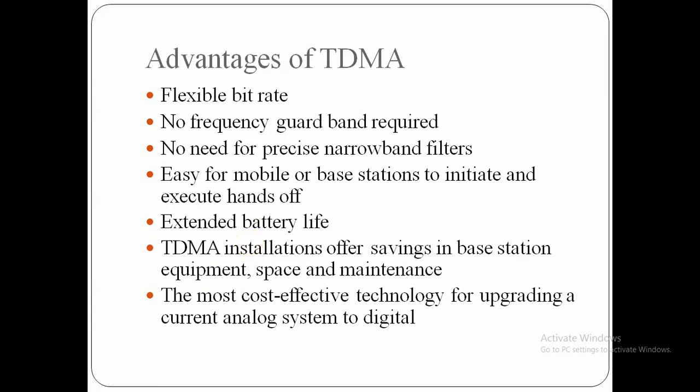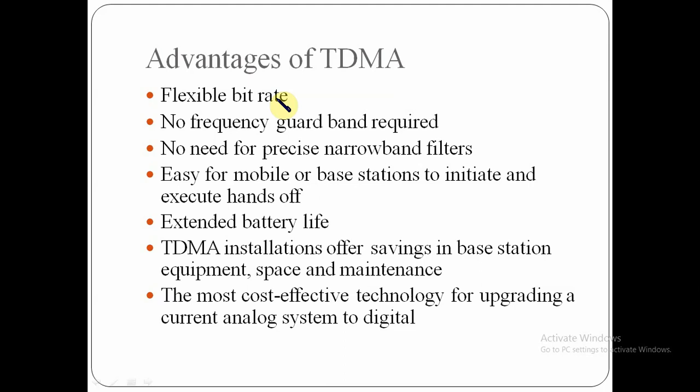Some advantages of TDMA: there are lots of advantages in TDMA in cellular technologies. It can easily adapt to transmission of data as well as voice communications. It has the ability to carry 64 kbps to 120 mbps data rates.